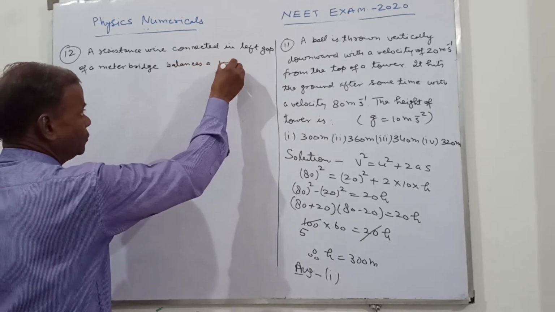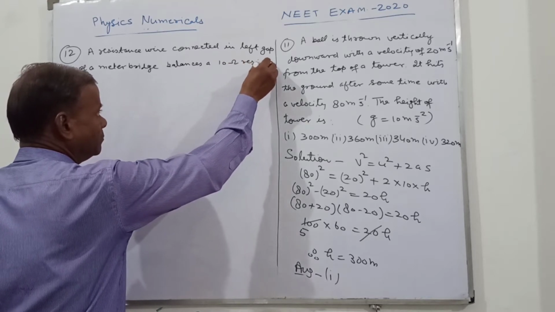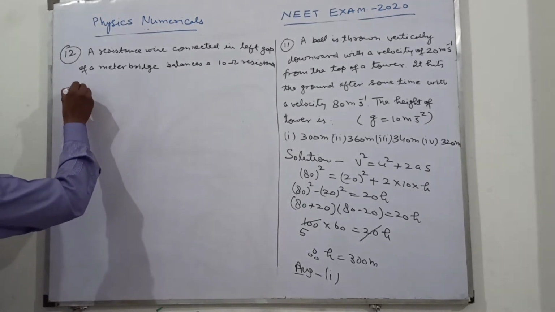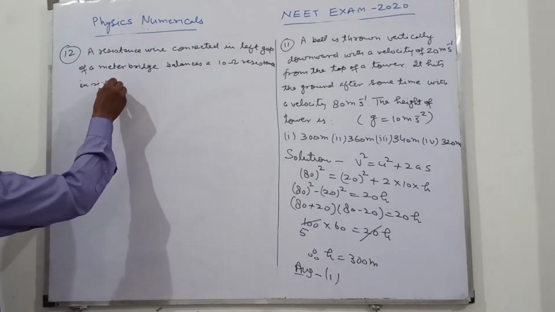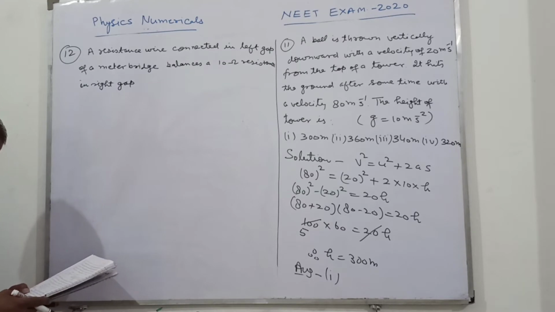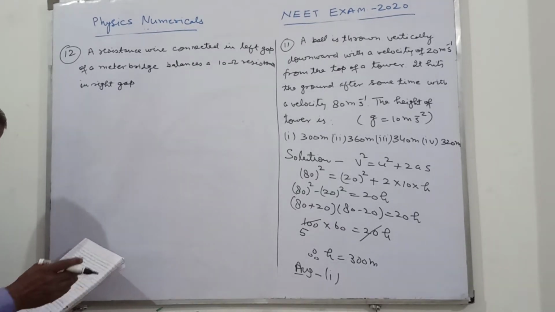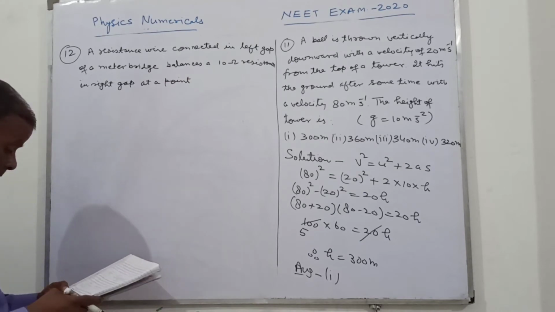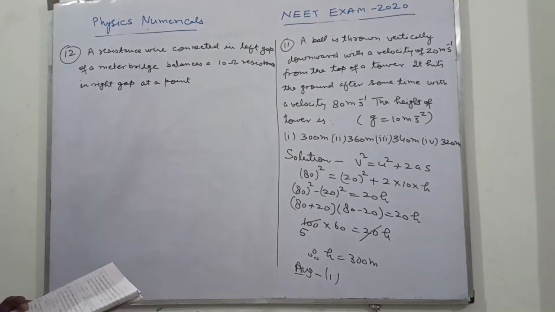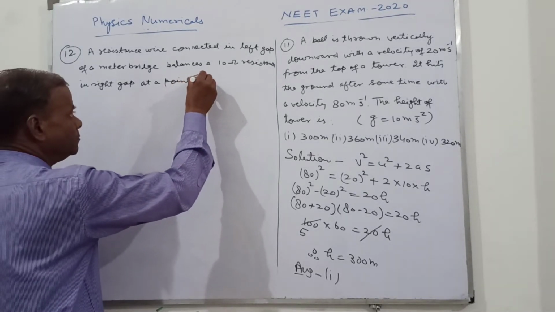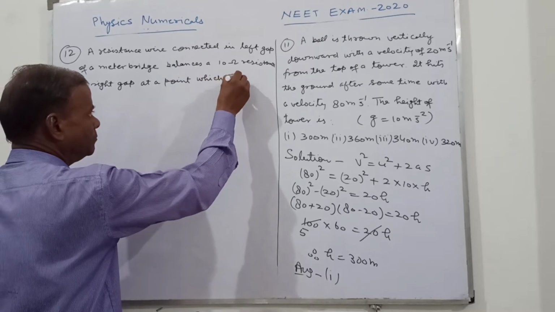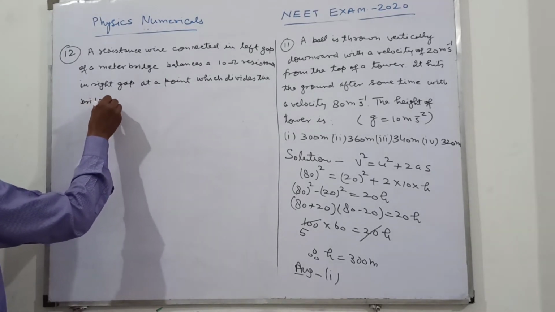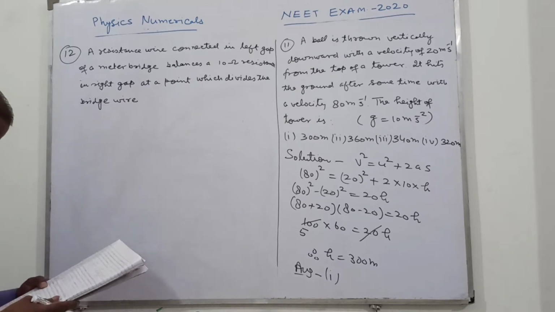Balance is a 10 ohm resistance in right gap at a point which divides the bridge wire in ratio 3:2.